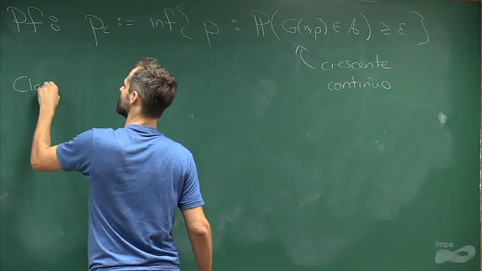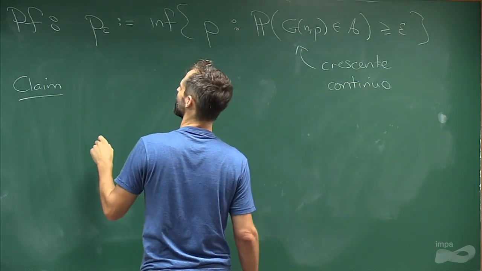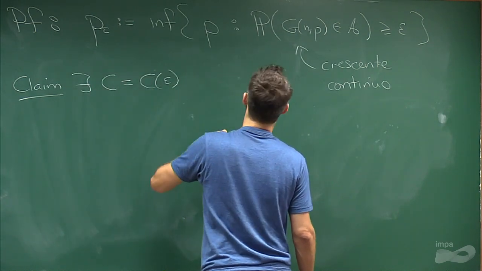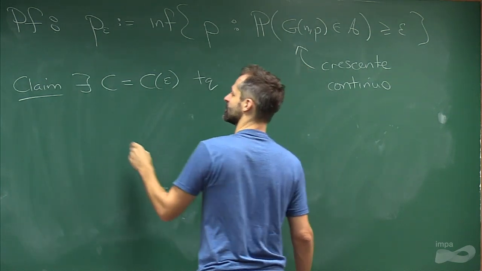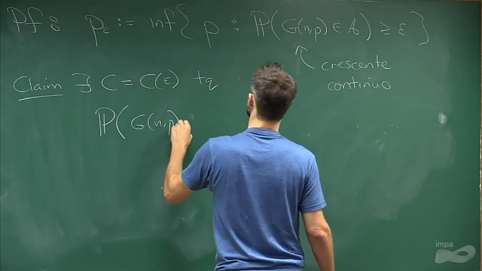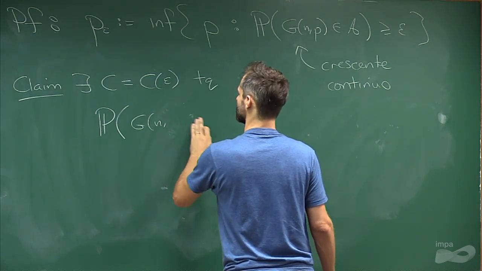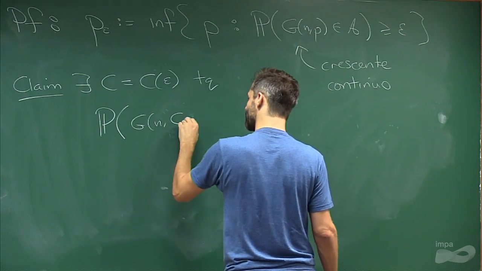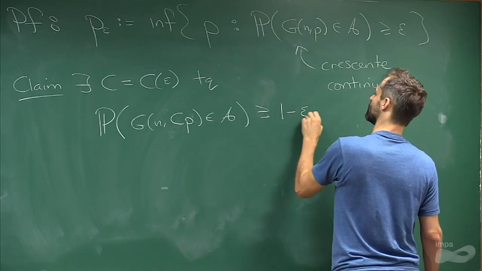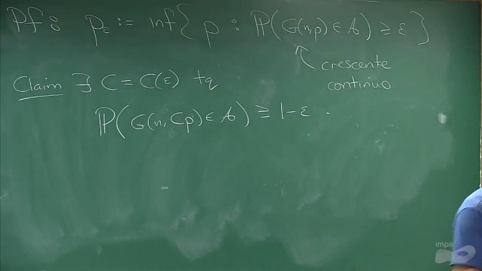So claim: there exists c, depending on epsilon, such that the probability that G(n, c times p) is in A is at least 1 minus epsilon. Right? So first I claim that's equivalent, or at least implies what we want.